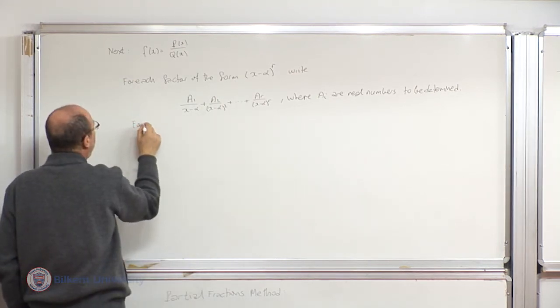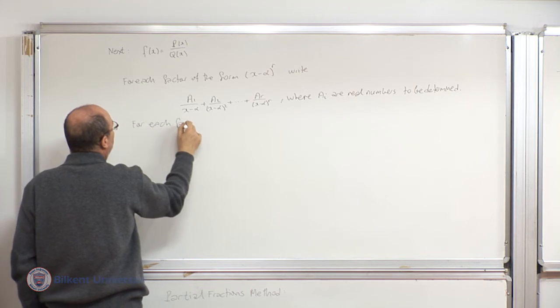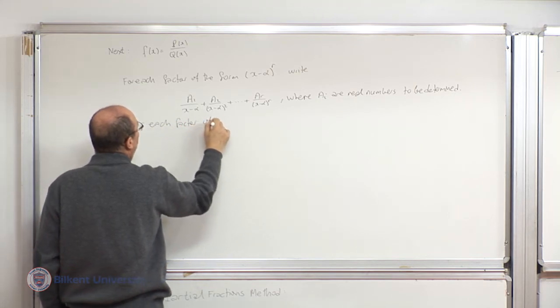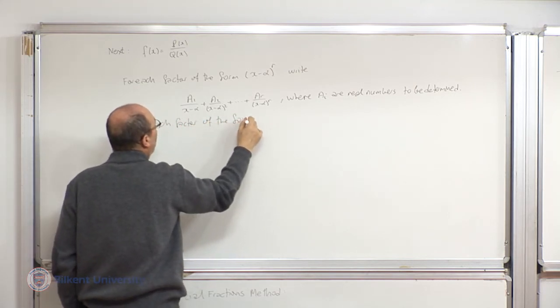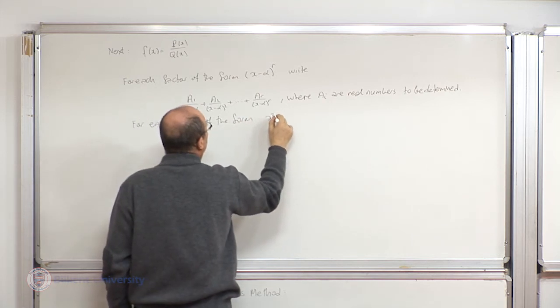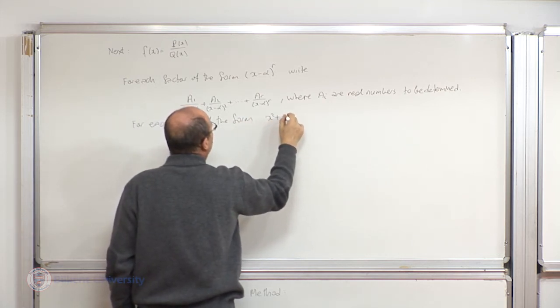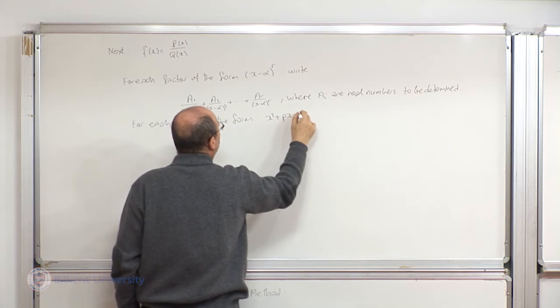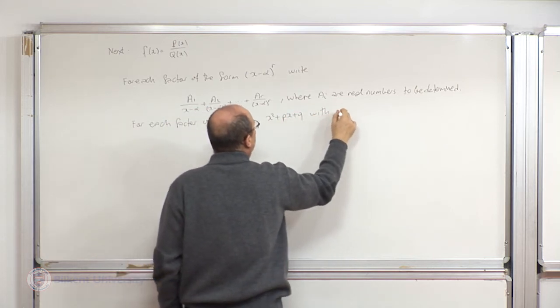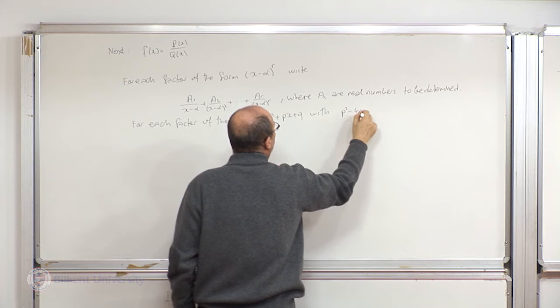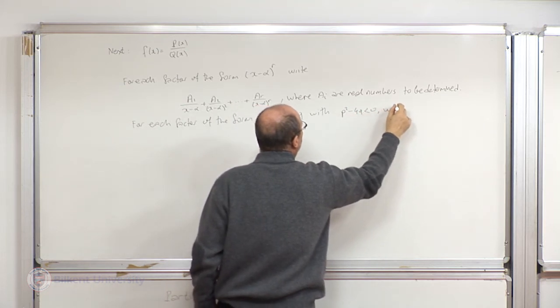And for each factor of the form x squared plus px plus q, with p squared minus 4q negative, right?